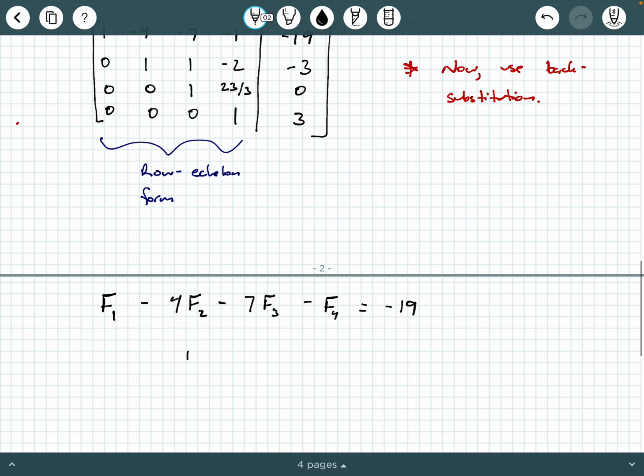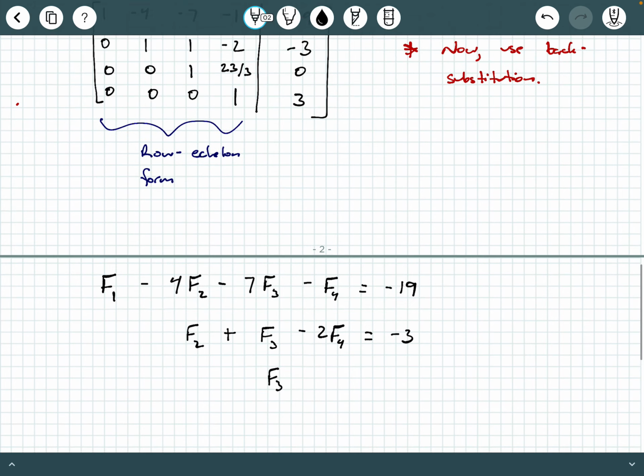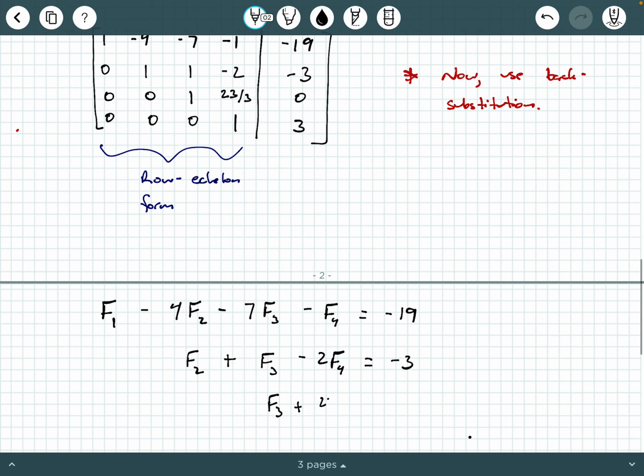And then we have f2 plus f3 minus 2f4 equals -3. And then we're going to have f3 plus 23 over 3 f4 equals 0.